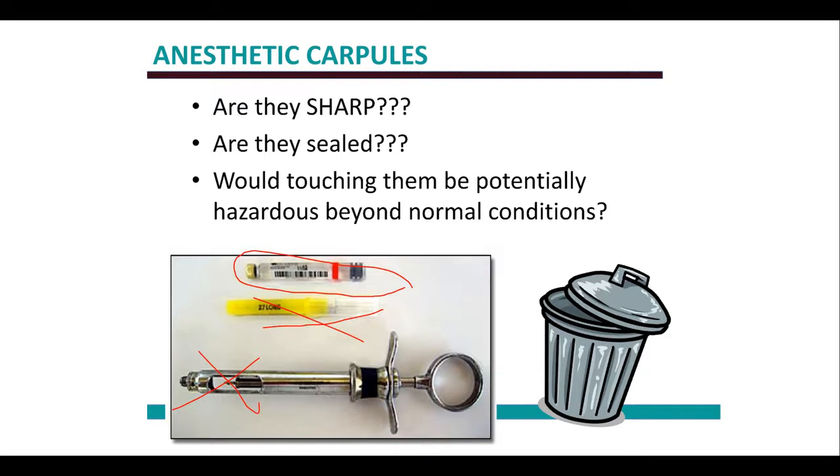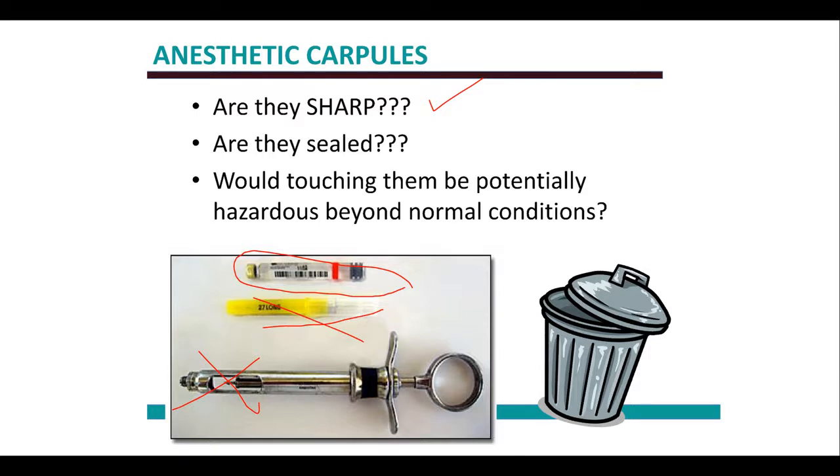Do you have to? My question to you is, is it sharp? No, it is not sharp. Now, a lot of people say, well, if it breaks, it'd be sharp. Well, you're right. If it broke, it would be sharp, and then it would need to go in the sharps container. But at the time that you dispose of it, it is not sharp. It does not need to go in the sharps container.